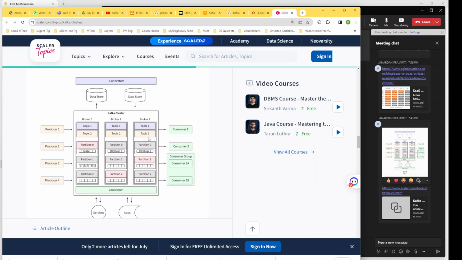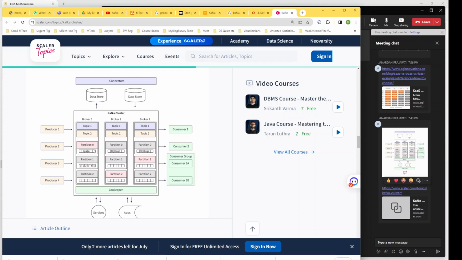Right. So broker 1 has partition 0, then the same is replicated under broker 2 and broker 3. Same way partition 1 is also replicated under brokers 2 and 3. Topics can be any; maybe n number of topics can be put in each node.